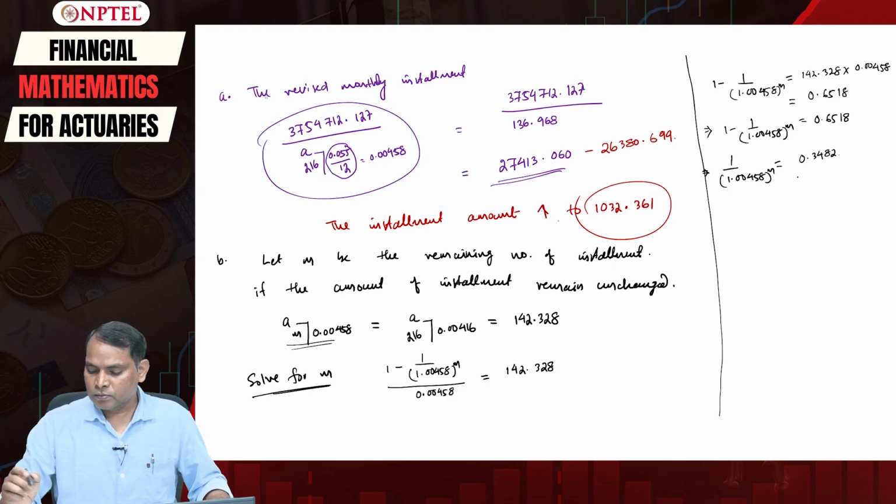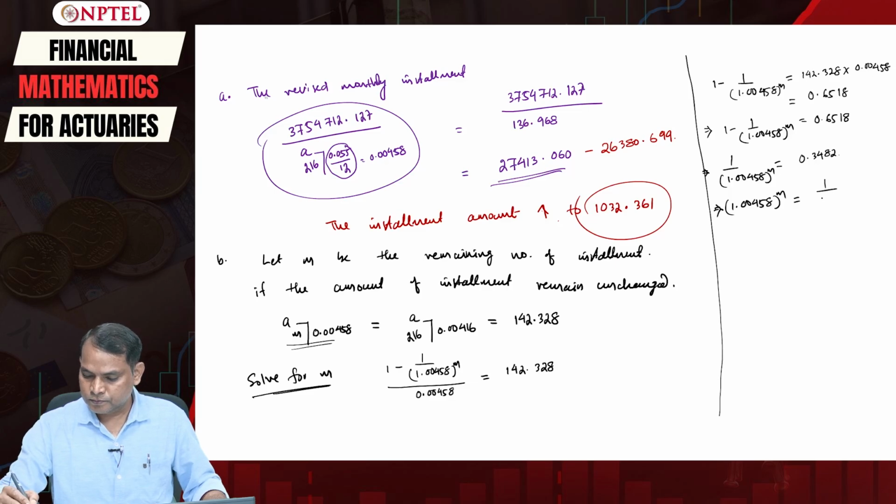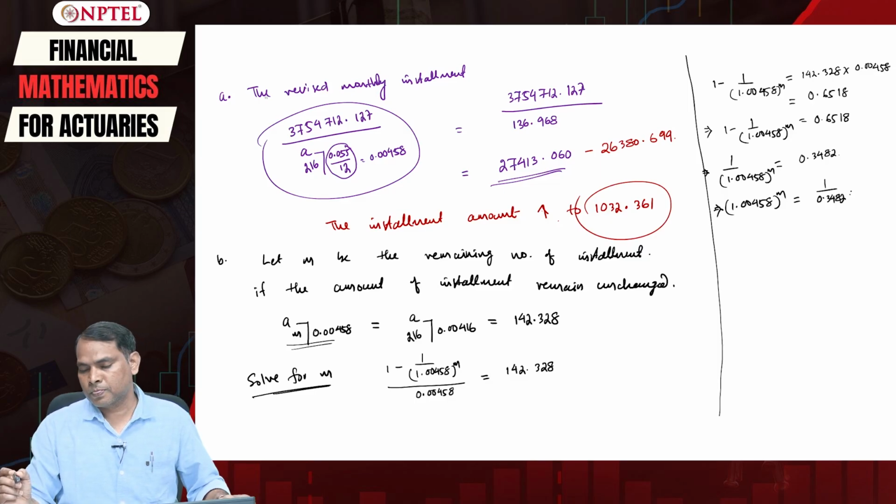Okay, and now you can rewrite this, or we can just simplify it as 1.00458 to the power M is equal to 1 upon 0.3482.